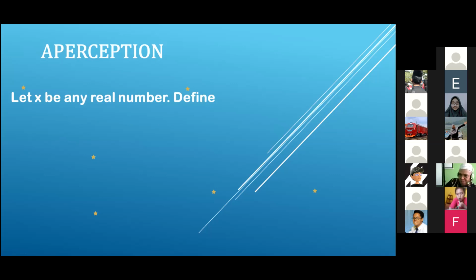We have just learned about this. What's the definition of the absolute value of a? I want the formal definition.